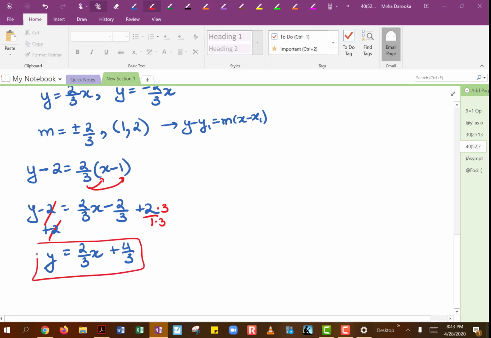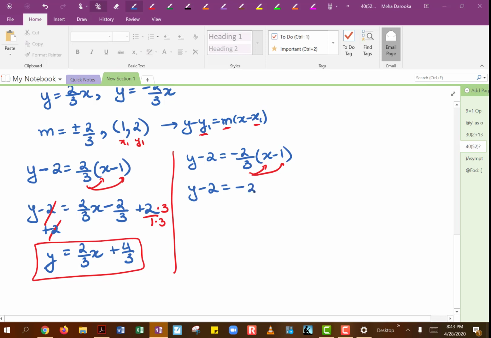Now let's see what happens when we use the negative slope. So that would be y minus 2 equals negative 2/3 times (x minus 1). Same thing, distribute that. And just remember, this is our ordered pair x1, y1 that I'm putting in our equation here, and then of course for our slope. So that will give you negative 2/3 x. Negative times negative is positive, so that becomes positive 2/3. Add that to, same thing, find a common denominator, so that will end up giving us y equals negative 2/3 x.